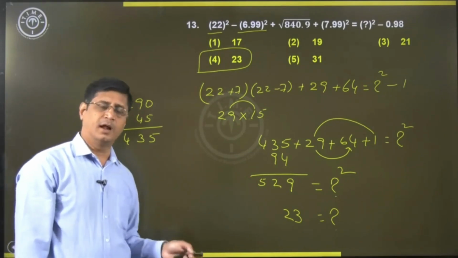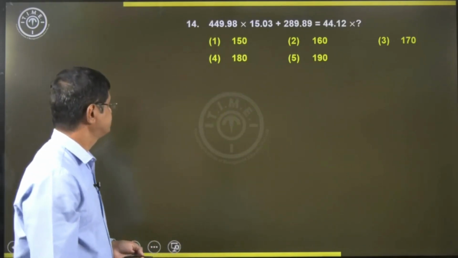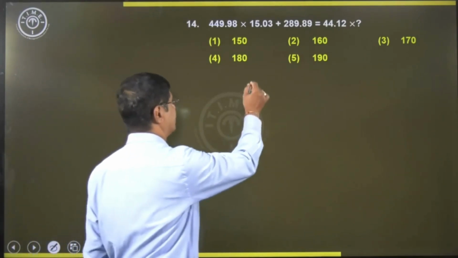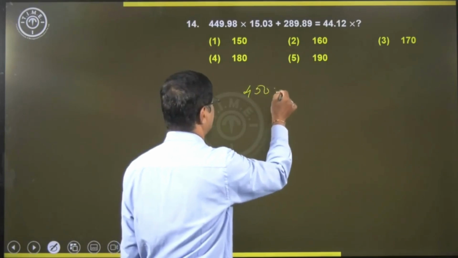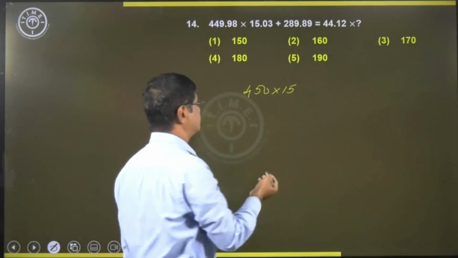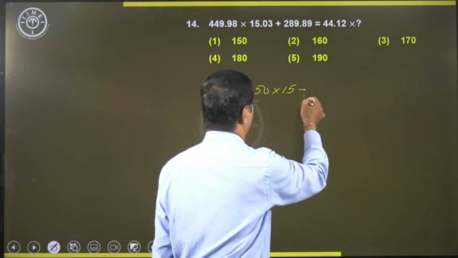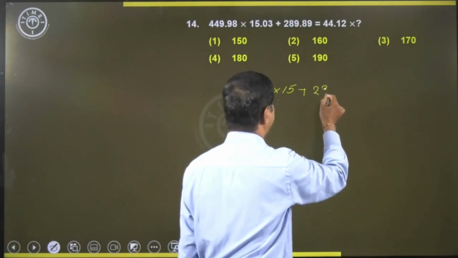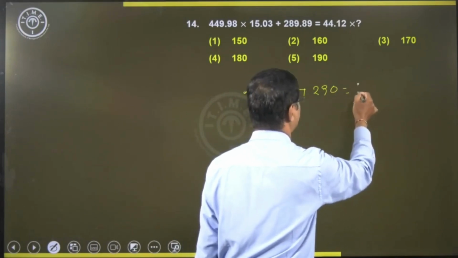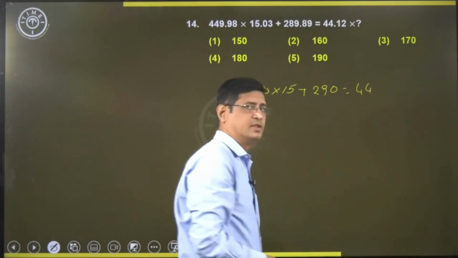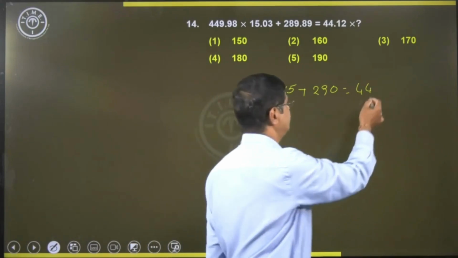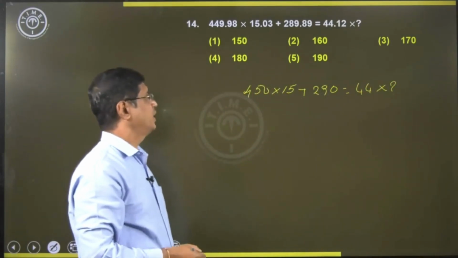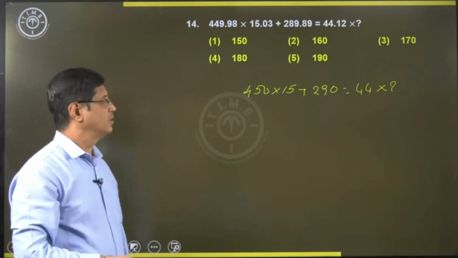Okay. Now, next example on your screen. 449.98 means 450. 15.03 means 15. 289.89 means 290, is equal to 44.12, which means approximately 44.